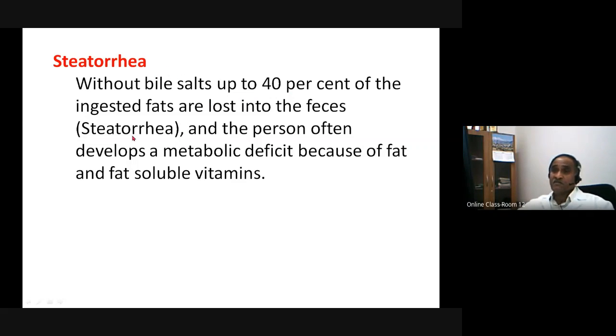All those things may produce steatorrhea. Because of the steatorrhea, a number of metabolic deficits because of the fat and the fat soluble vitamins may result. So this is a brief note on steatorrhea.